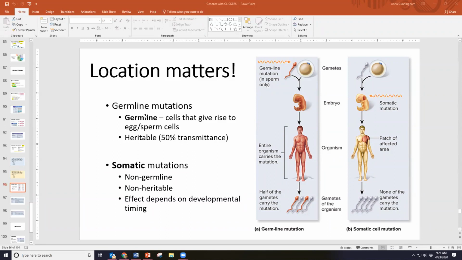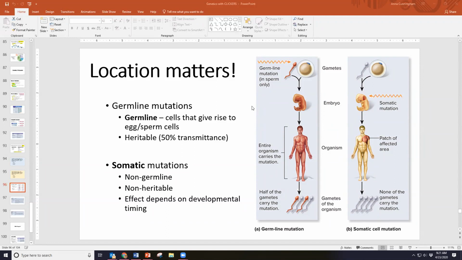So germline mutations can be a lot more severe. And if they are a certain level of severity, usually that means that they do not lead to a fully viable fetus. And so a lot of times you may see people with genetic disorders, but those are what we call survivable genetic disorders, even if they were germline mutations.